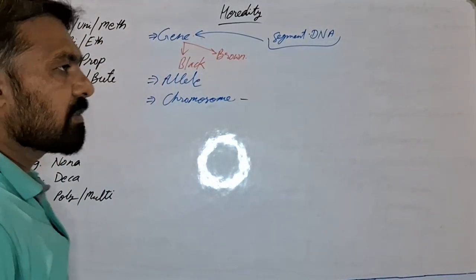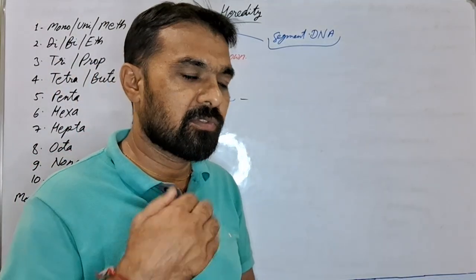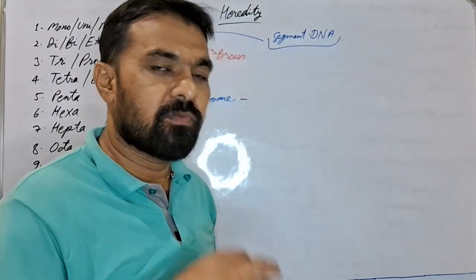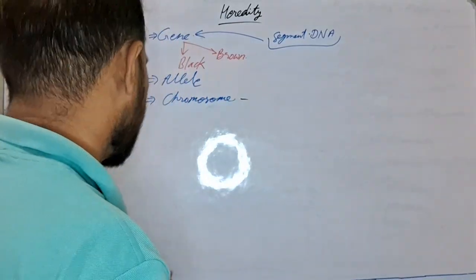Just for an example, in case of human beings, in one cell 23 pairs, or we may say total 46 chromosomes are present.